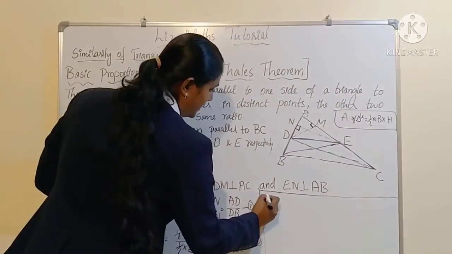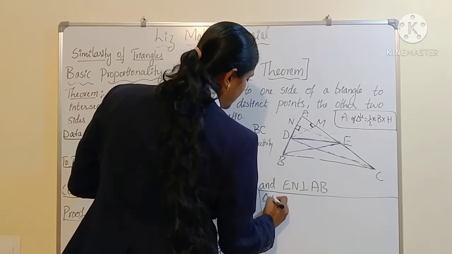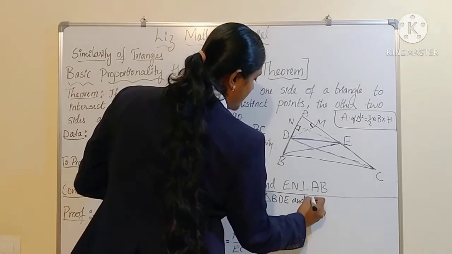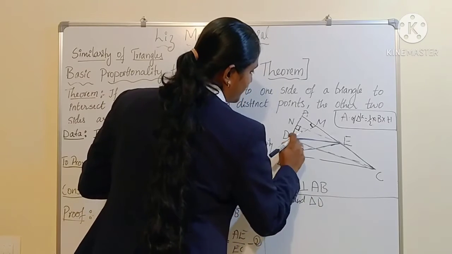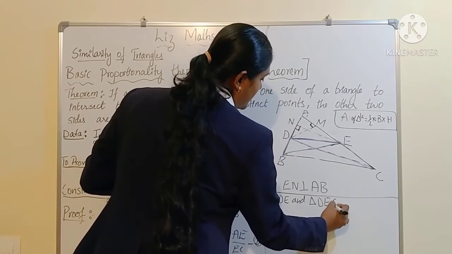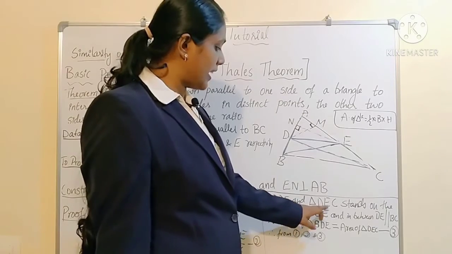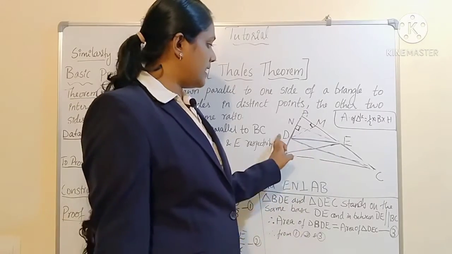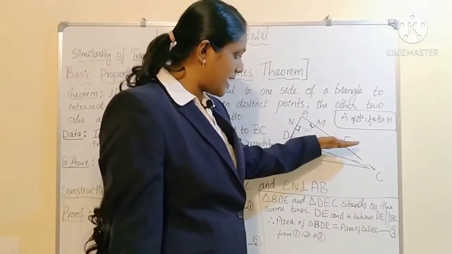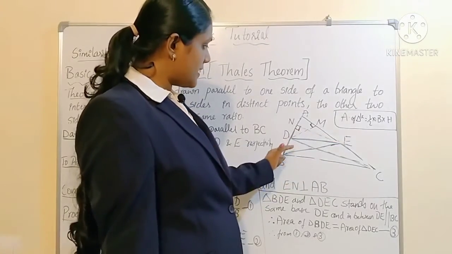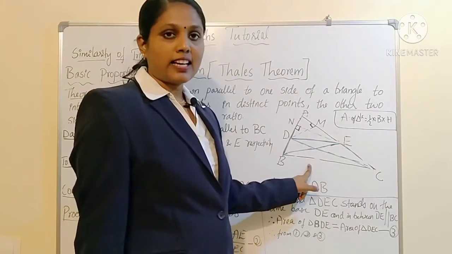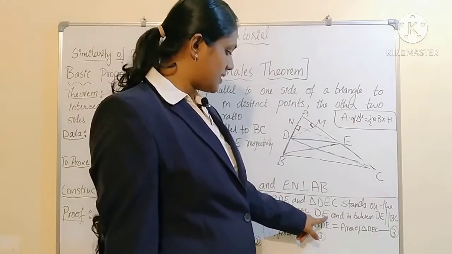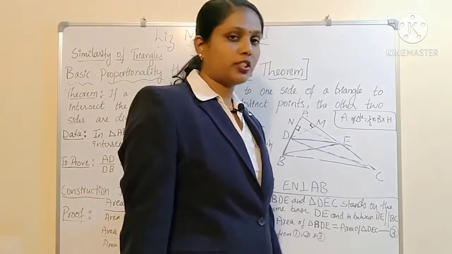So we write down triangle BDE and triangle DEC. Triangle BDE and triangle DEC stand on the same base, that is DE. And we have already seen that this DE is parallel to the line BC.